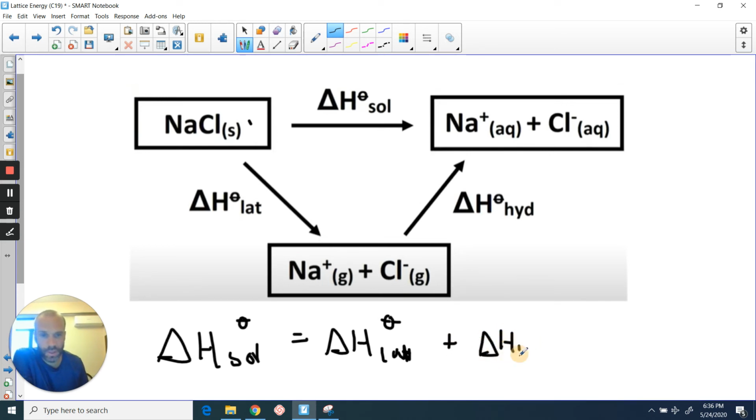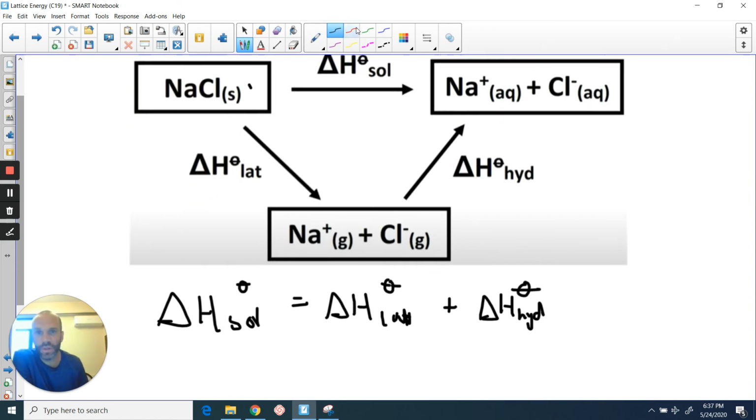Plus the delta H of hydration. Now the delta H of hydration does follow our definition. According to this equation, the delta H of lattice is the opposite enthalpy of our definition. So let's put a note in there. You're going to have to reverse the sign there.